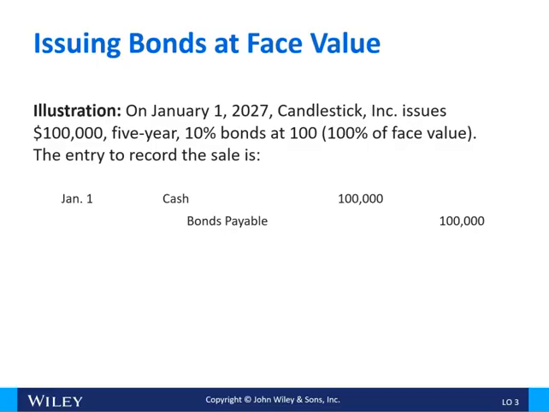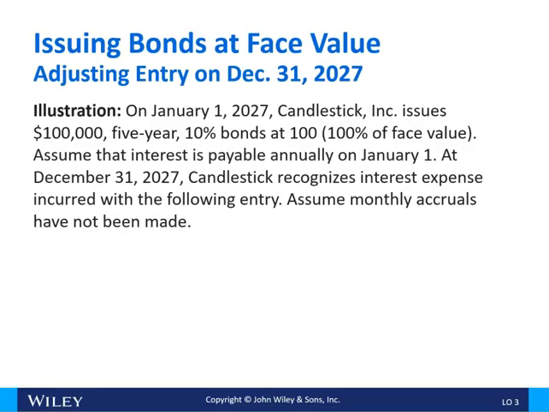Okay. Now let's look at what happens on December 31st. So we're going to assume that interest is payable annually on January 1st. So at December 31st, we're going to recognize interest expense. We assume monthly accruals have not been made. So we debit interest expense 10,000, credit interest payable 10,000.